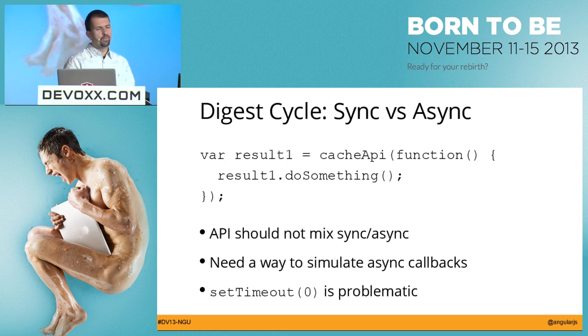But we have a problem. If you implement the code like you see above here, the synchronous version of this code will not work, whereas the asynchronous version of this code will work. And the reason for that is because the return value of the cache API gets assigned to a local variable called result1. That variable might not be visible inside of the callback if it's synchronous, but it is visible when it's asynchronous.